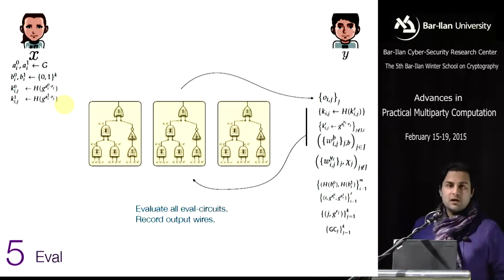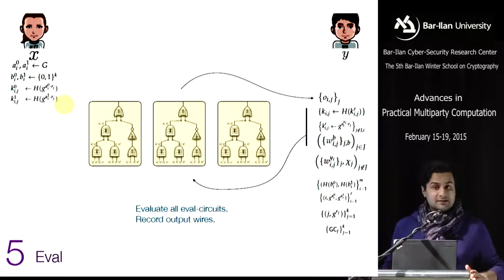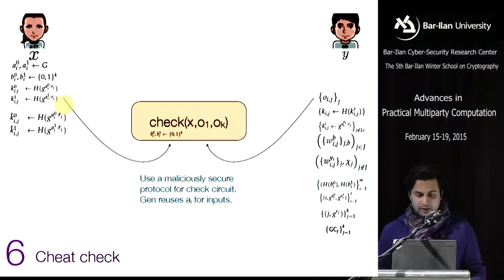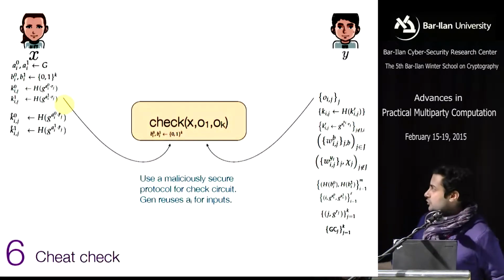Those are the input wires for both his inputs and Alice's inputs. And then Bob will evaluate. At the end of evaluation, Bob is going to have output wires. He's going to have j strings for every output wire. And now for each of those output wires, he's going to run this check circuit.